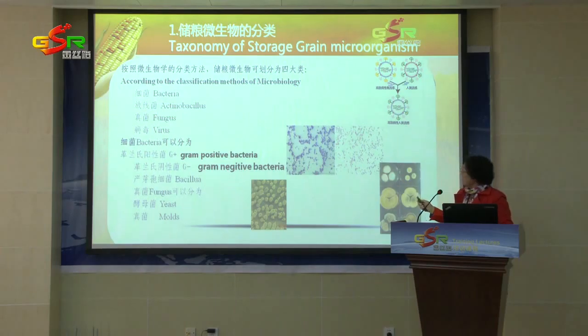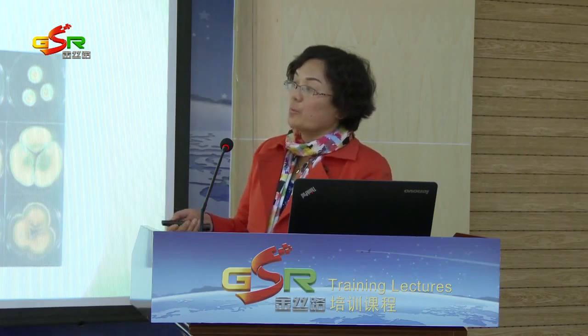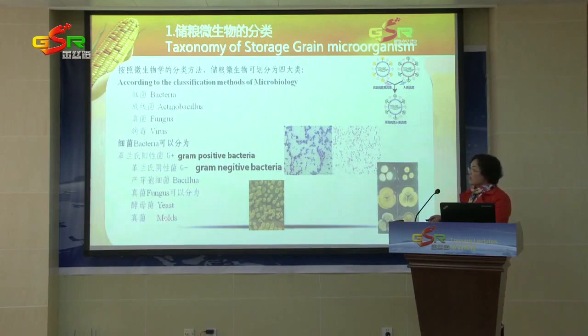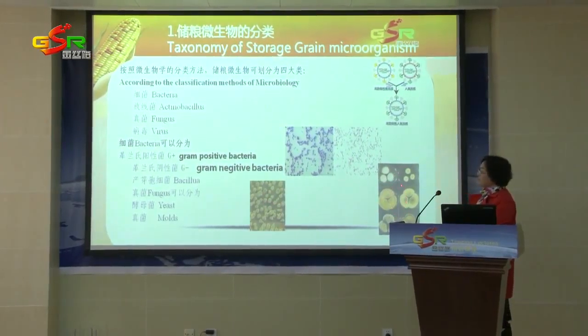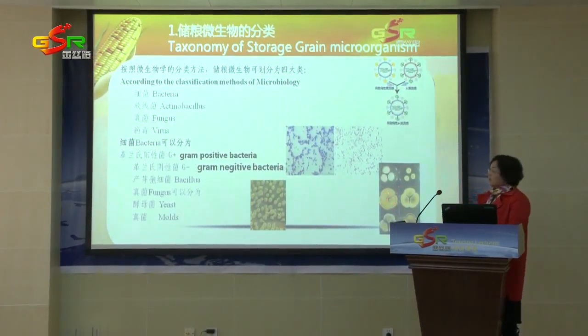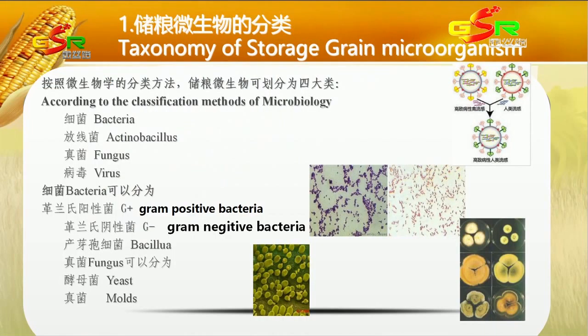Like this finger is Gram-positive, this finger is Gram-negative. Another is bacillus. And the fungi we can divide into two: yeast and mold. This picture is the yeast. This shows all kinds of molds. We can find mold in our ordinary life. You can see, when you eat food, you can find all kinds of mold.